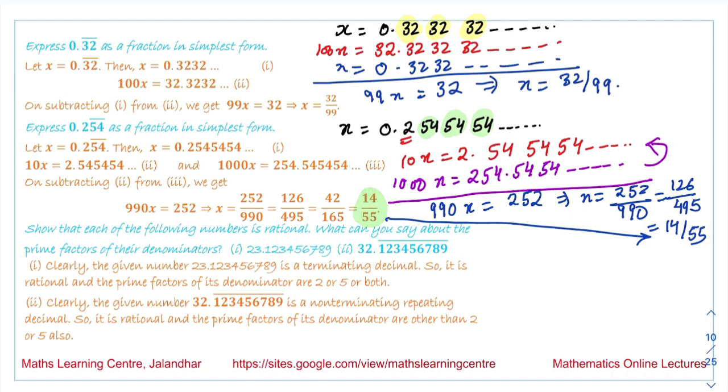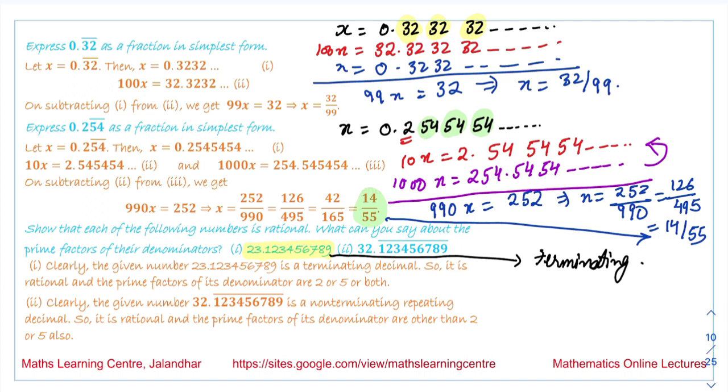Now next we have to show that the following numbers are rational, and say what you can say about the prime factors of their denominators. If we look at this number over here, the decimal representation of this number is a terminating decimal representation, and we know that numbers having terminating decimal representation are rational numbers.